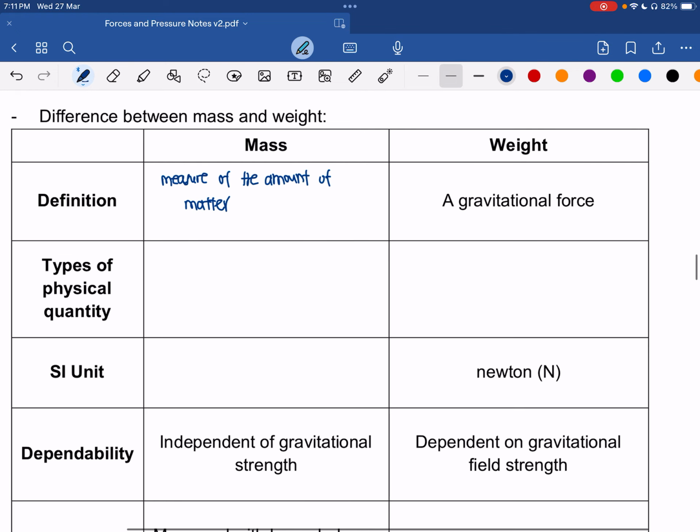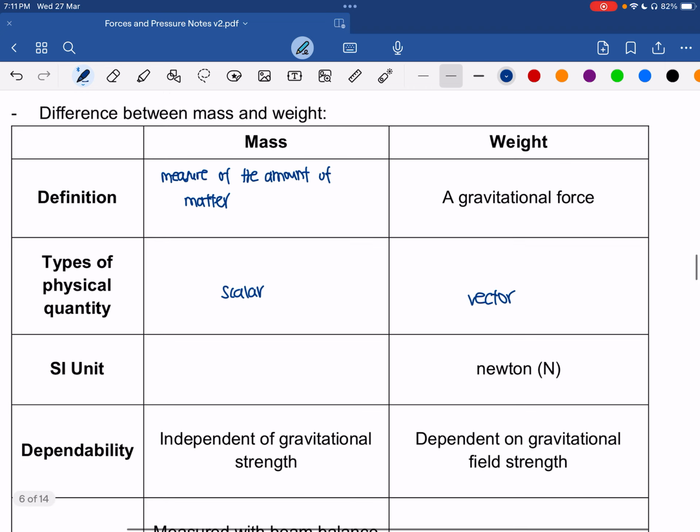Type of physical quantity: mass is a scalar, as compared to weight, which is a vector. SI unit for mass is kilograms or kg, then for weight, it will be newton.